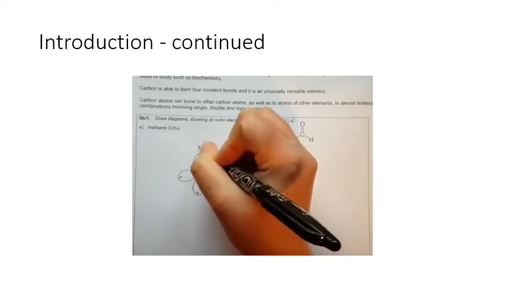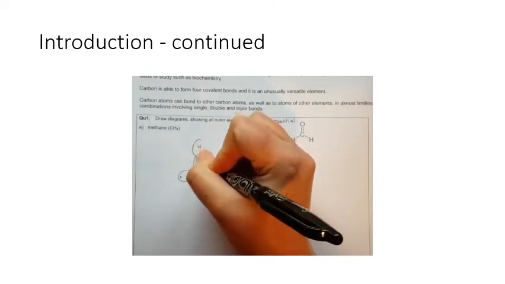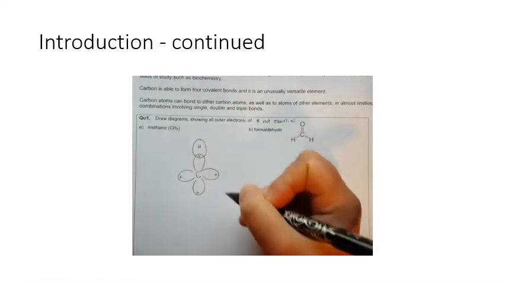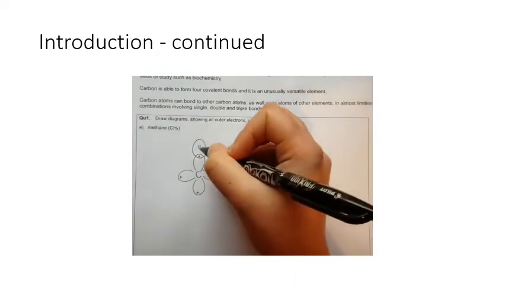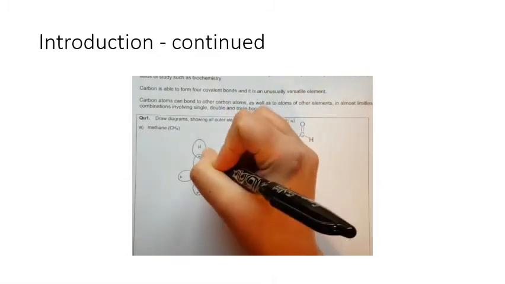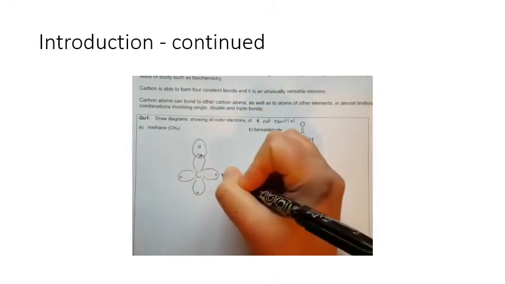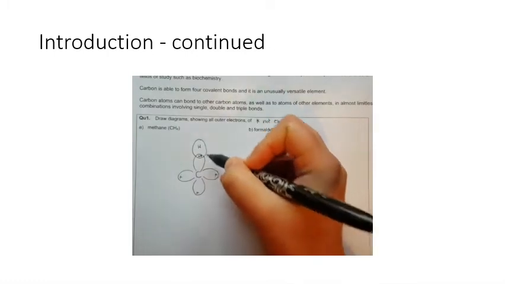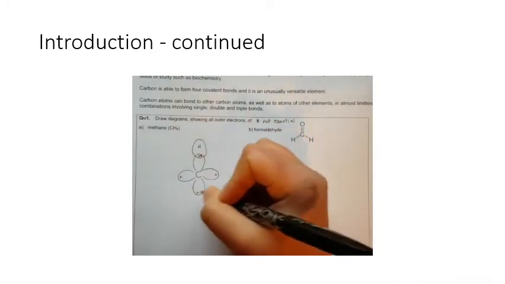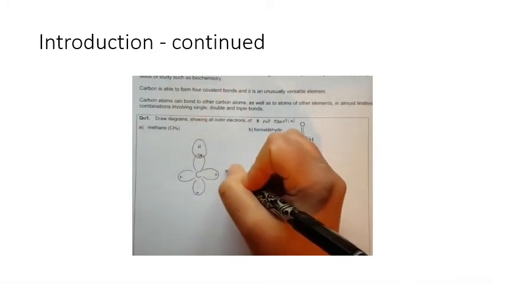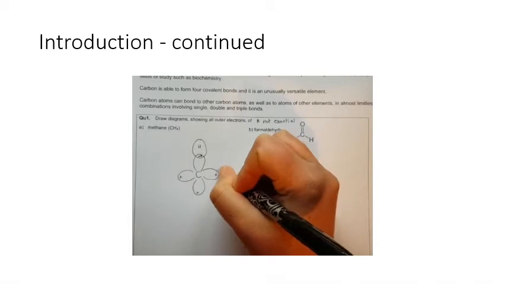Each hydrogen can form 1 bond, meaning that we need 4 hydrogen atoms if we want to form a compound containing carbon and hydrogen with the formula CH4. So we've got 4 hydrogen atoms, and these dots represent the single electron from each hydrogen atom, which is going to pair up with an unpaired electron in the outer shell of the carbon atom.